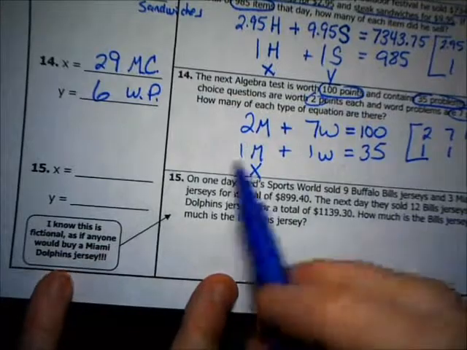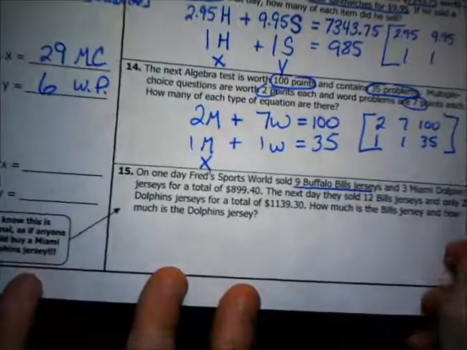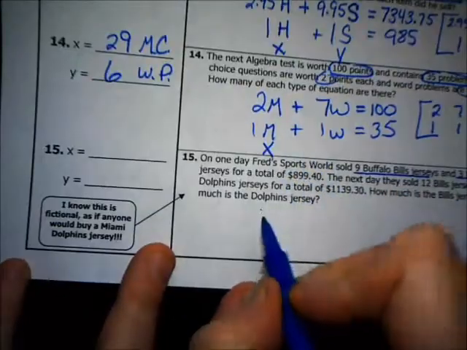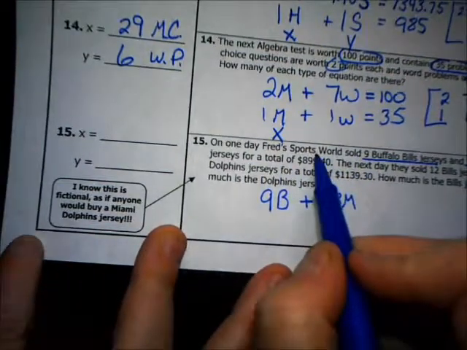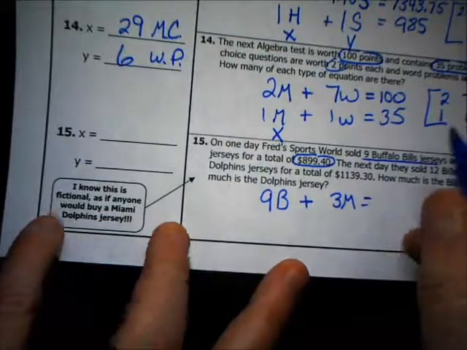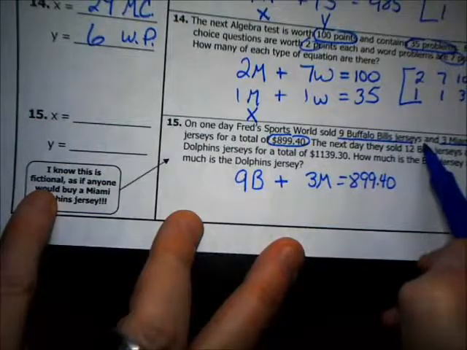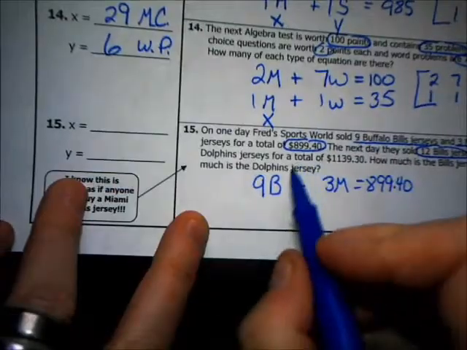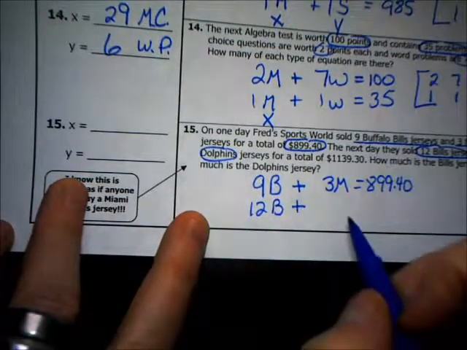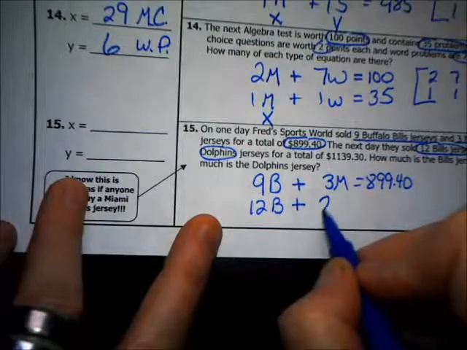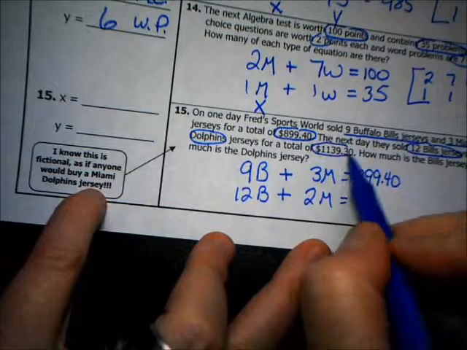Alright, and last one of these. It says, one day Fred's Sports World sold 9 Buffalo Bills jerseys and 3 Miami Dolphins. So we have 9 B's plus 3 M's, and he sold it for a total of this value. The next day he sold 12 of the Buffalo Bills, so 12 B's, and only 2 of the Miami Dolphins, so 2 M's, equals this dollar amount.